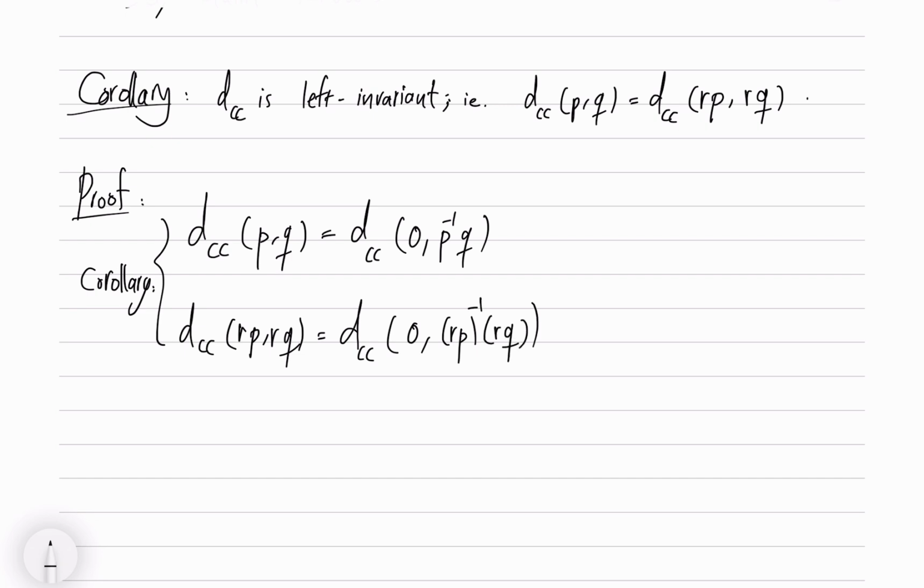That's what the corollary says. But this is equal to, if you do the group multiplication, being careful that this is non-abelian, P inverse R inverse RQ. But these R's cancel now, they are next to each other, so it becomes 0 and P inverse Q, ending the proof. We just proved this equality from the corollary.